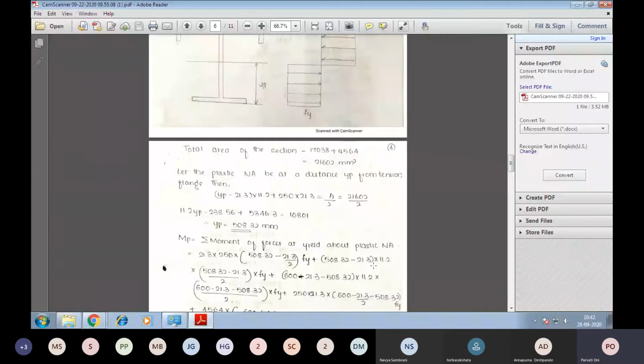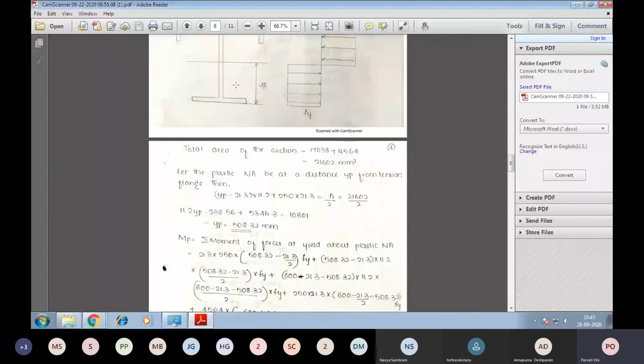So I'll repeat it again. The Mp of this web section will be the area of this web section into the distance of the CG of this web section to the neutral axis. The area of this web section is this depth into this thickness.